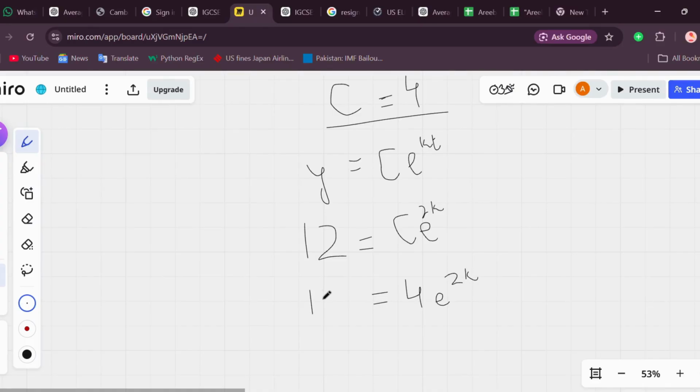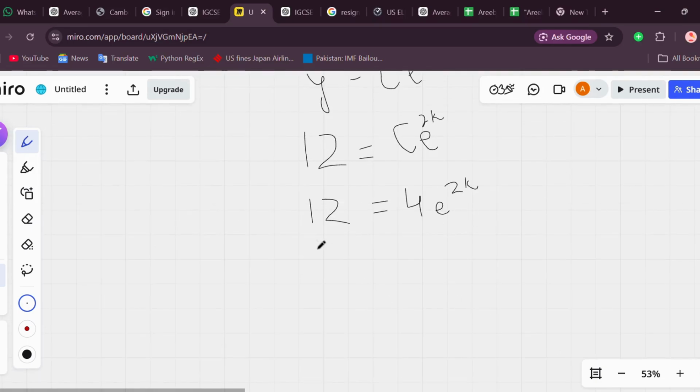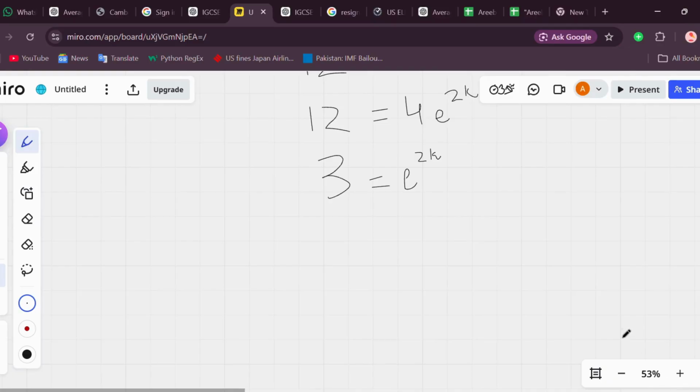Now 12 and 4 will cancel each other, so 3 equals e to the 2k. Now apply the log on both sides.